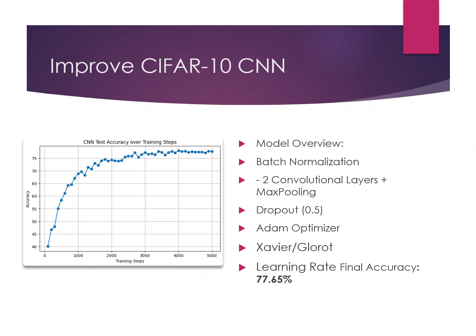I also did data normalization. I scaled pixel values to the 0 to 1 range for more efficient training. These changes were designed to improve generalization, accelerate convergence, and extract deeper features from the data because it's complex data.